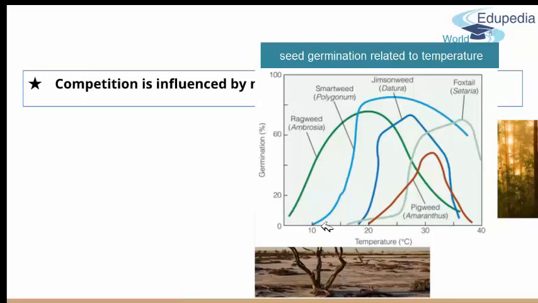For example, see this species of Datura can only germinate when temperature reaches almost 20 degrees, and close to 30 is the highest percentage of germination, while the species of Ambrosia has the widest spread and the highest tolerance of different temperatures, and it can germinate in different conditions, though the highest level of germination happens when temperatures are around 30.